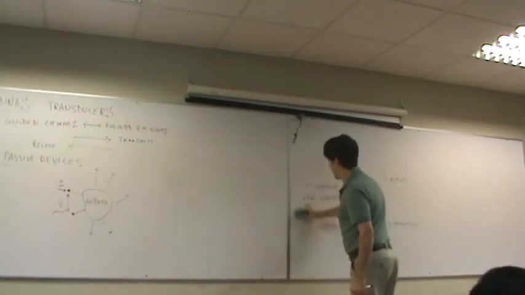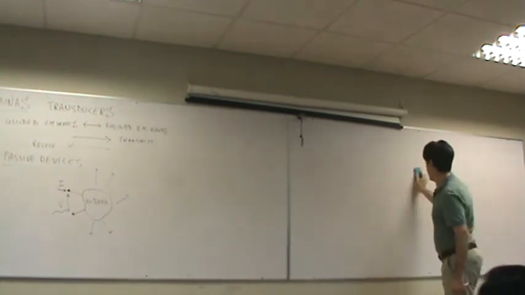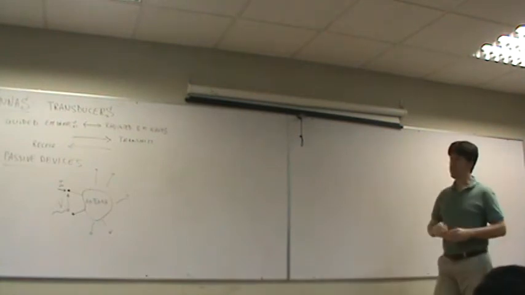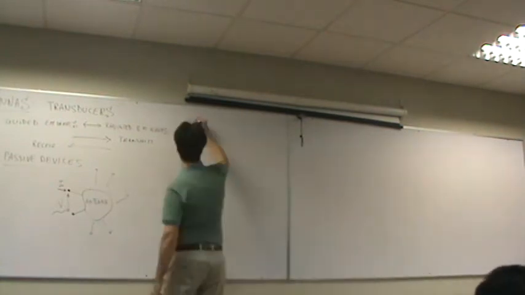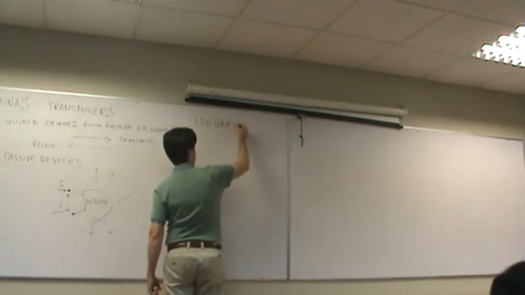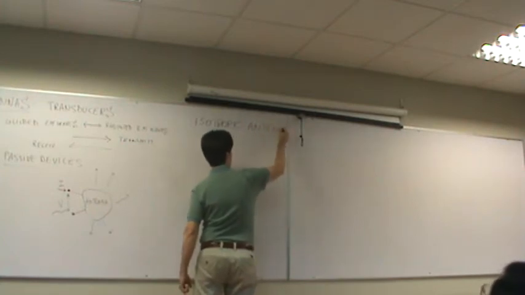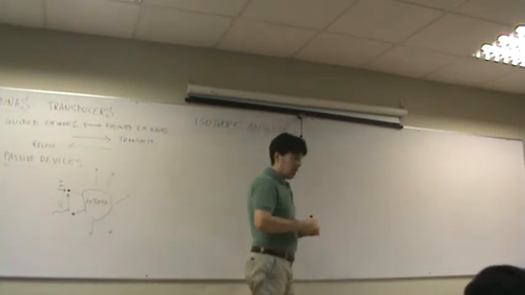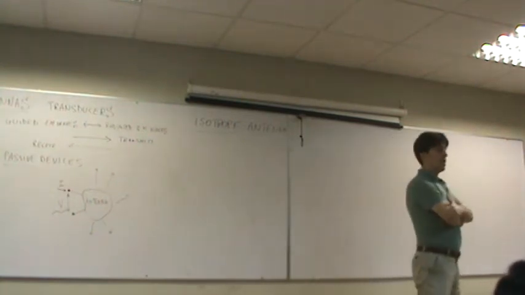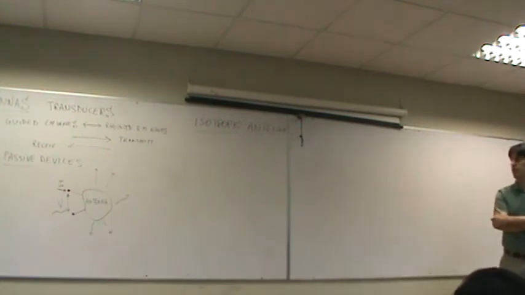Let's start with a very particular antenna. It is a reference antenna, the so-called isotropic antenna. Isotropic means that it radiates in the same way in all directions.